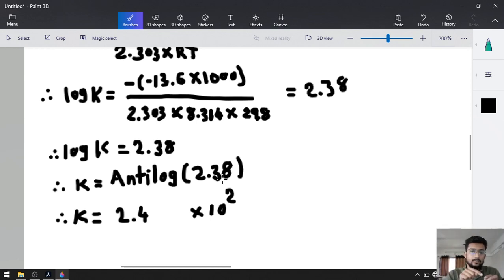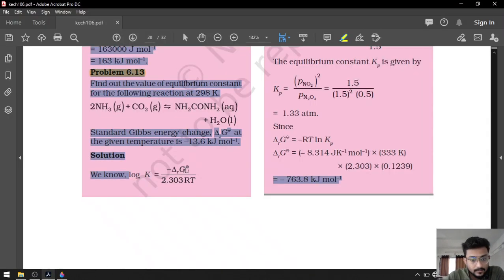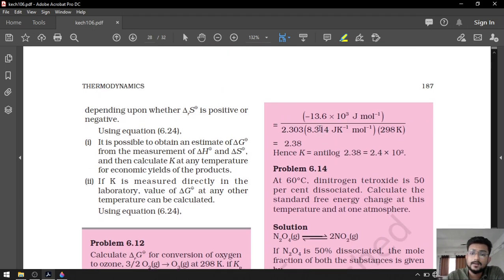For 0.38 you will see the number 2, 4 something, and you put the point after one number. So this will be your K. Look at the formula as we have taken, after that the values we multiplied and divided. After that log K equal to 2.38, and anti-log of that will be 2.4 into 10 raised to 2. That will be the value of K.